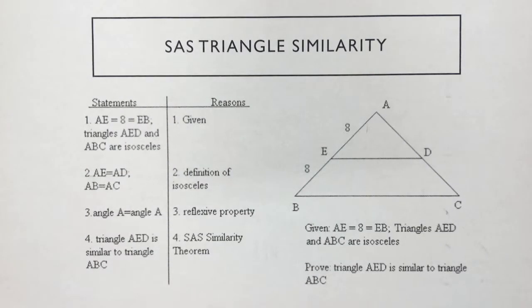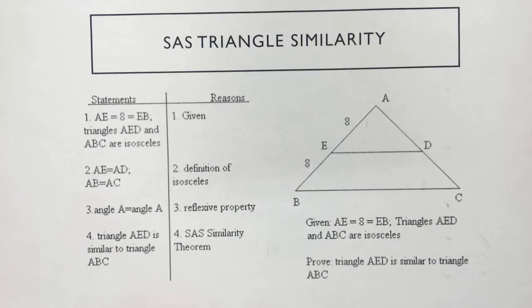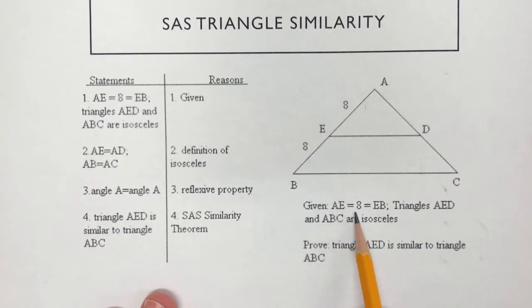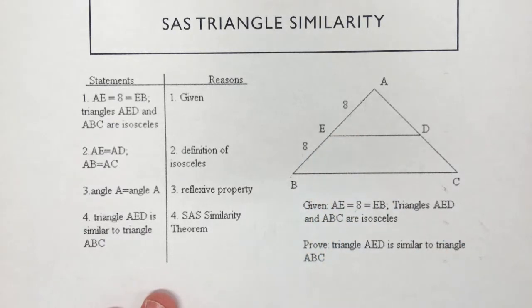Last one. Got side-angle-side triangle similarity. This one's probably the more difficult of the three, but it's really not that bad. They give me that AE is equal to 8, which is equal to AEB, so both of these are 8, and that triangle AED, the little triangle, and triangle ABC, the bigger triangle, are isosceles.